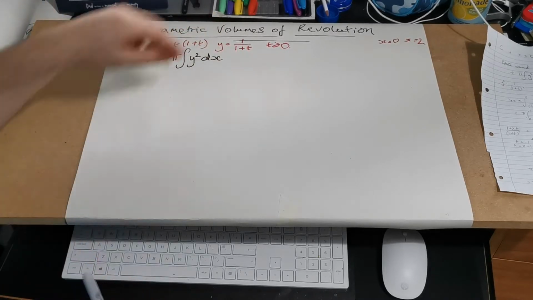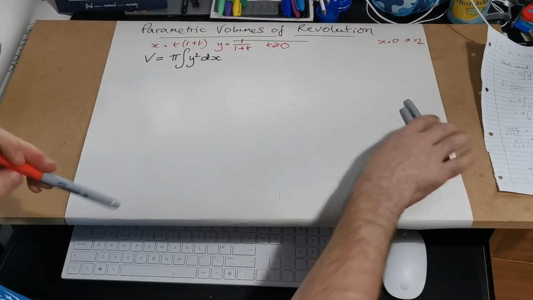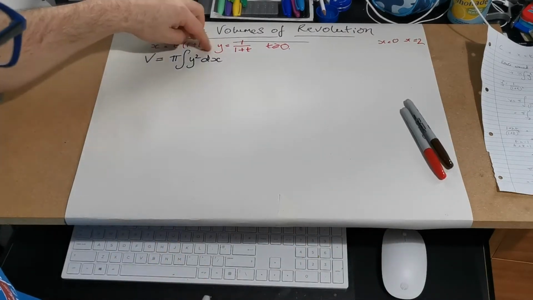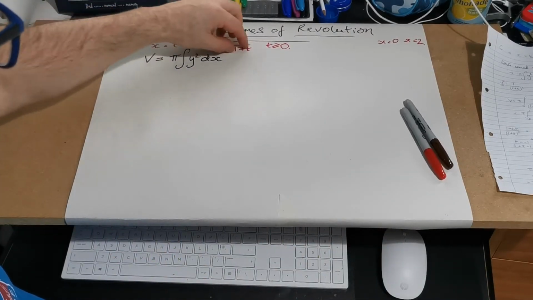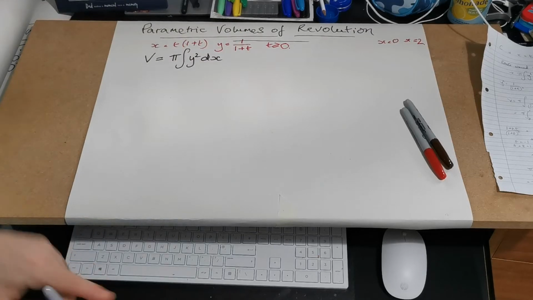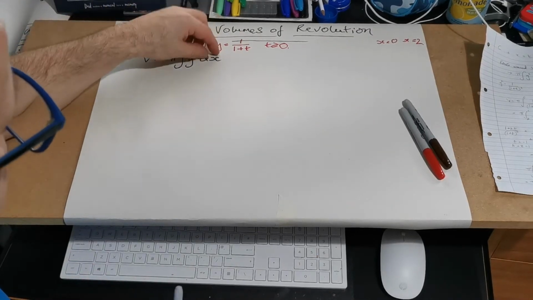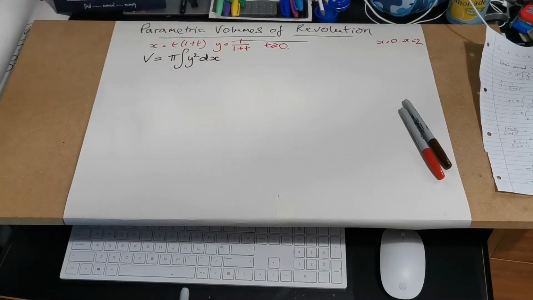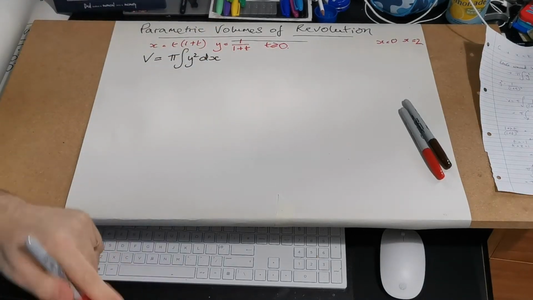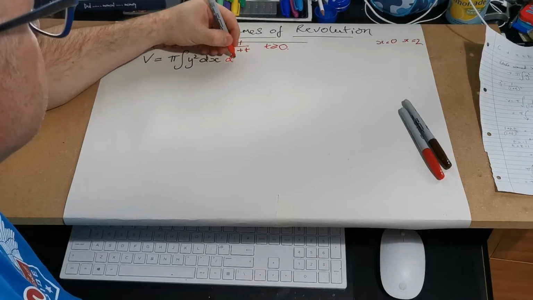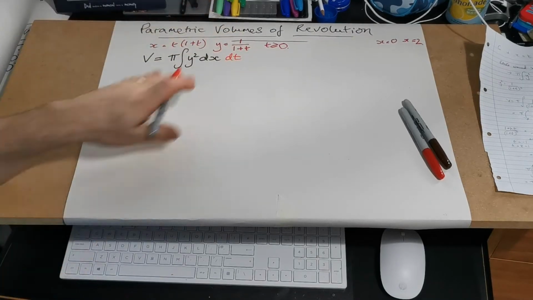Now our function is defined in terms of this parameter t. So actually integrating with respect to x is not really the right thing to do. I really want to integrate with respect to t.